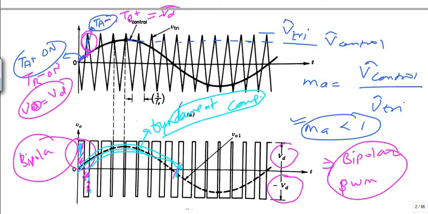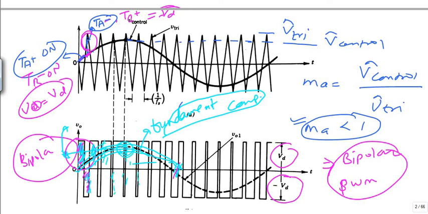This one is positive, and this one is negative. So overall, this amplitude depends upon this positive and negative area.